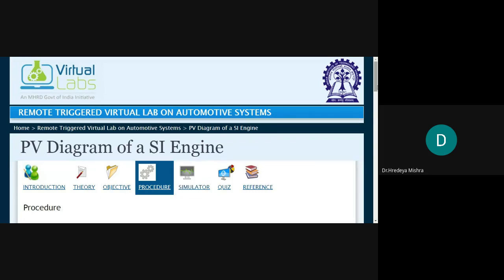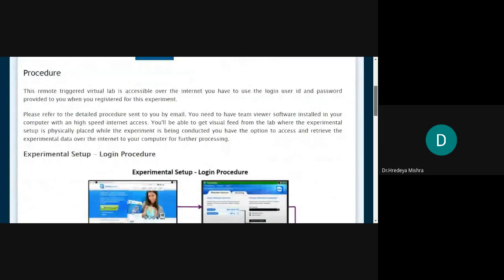For the procedure, we need to clean your software. So just wait.